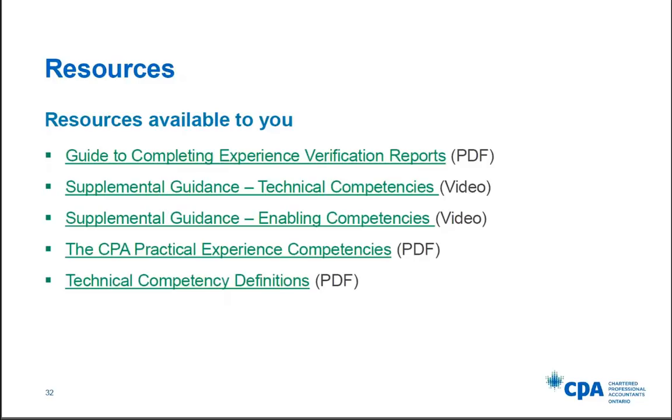So some students have spoken about how when they've submitted their report and they get them back, they see they've been downgraded from a level 2 to a level 1, for example. If that happens, and specifically for the enabling competencies, will they have a chance to rewrite their responses?